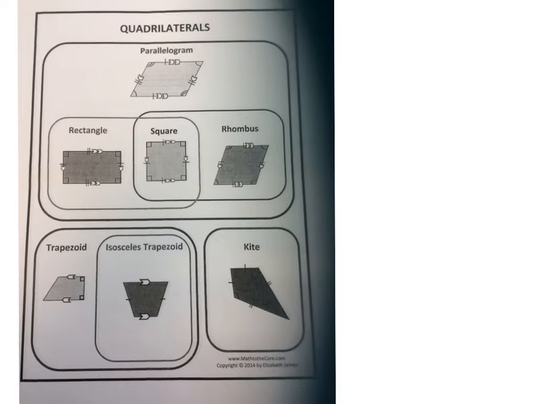If you put the rectangle and the rhombus together in this overlapping part, that's how you get the square, because the square has right angles from the rectangle, and the square has congruent sides from the rhombus. All three of these are types of parallelograms because they all have parallel sides, and in fact they have two pairs of parallel sides.